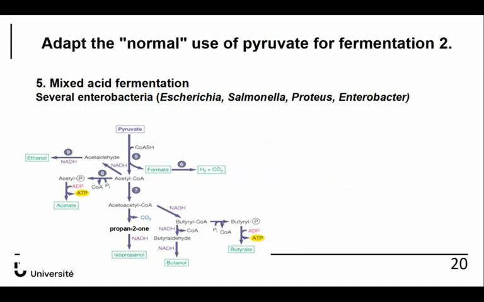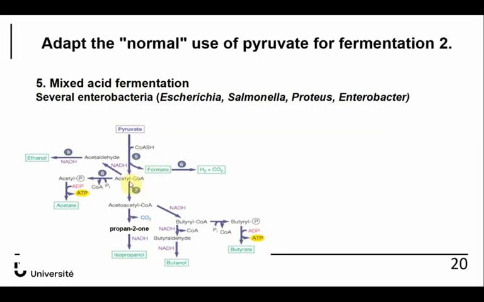And you don't want that if you are fermenting, because the whole point of fermentation is to recycle the NADH into NAD+. So for mixed acid fermentation, the step from pyruvate to acetyl coenzyme A is catalyzed by an enzyme called pyruvate formate lyase, which will produce formic acid and acetyl coenzyme A.